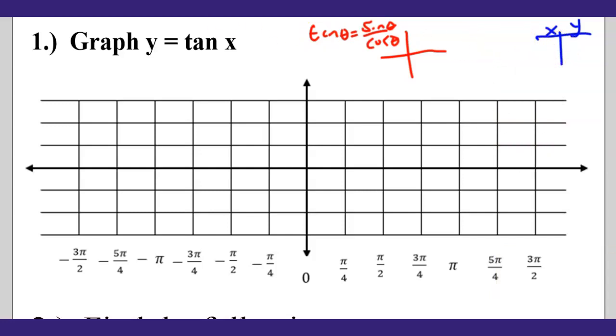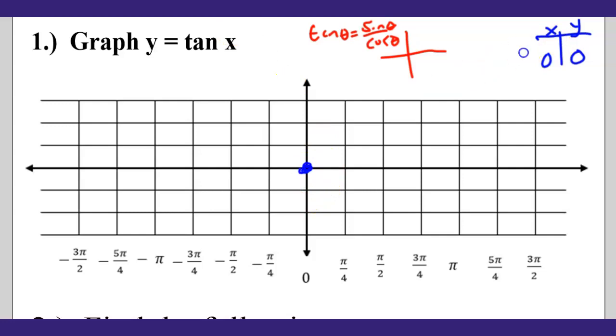Alright, you'd have 0, 0, because at 0 degrees, the point is 0 over 1. Alright, 0 over 1 is 0. So we have the point 0, 0.